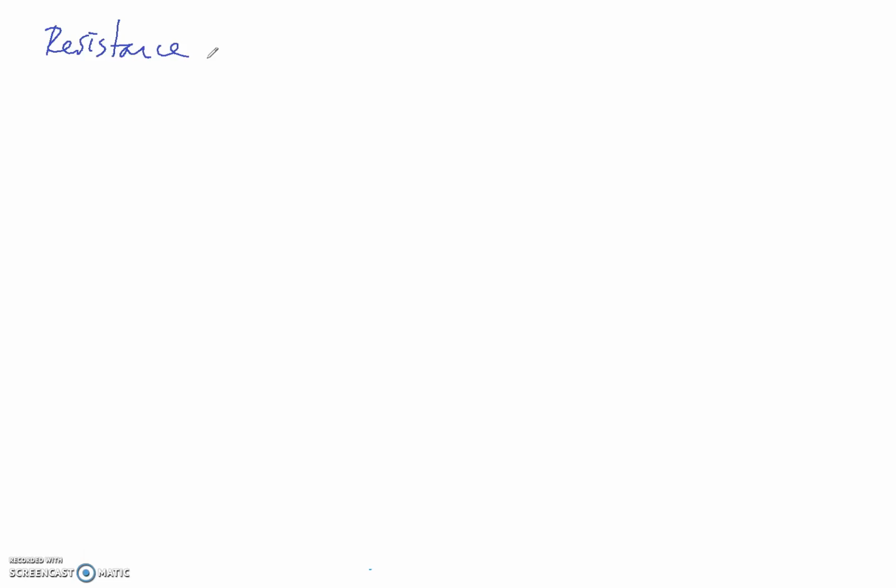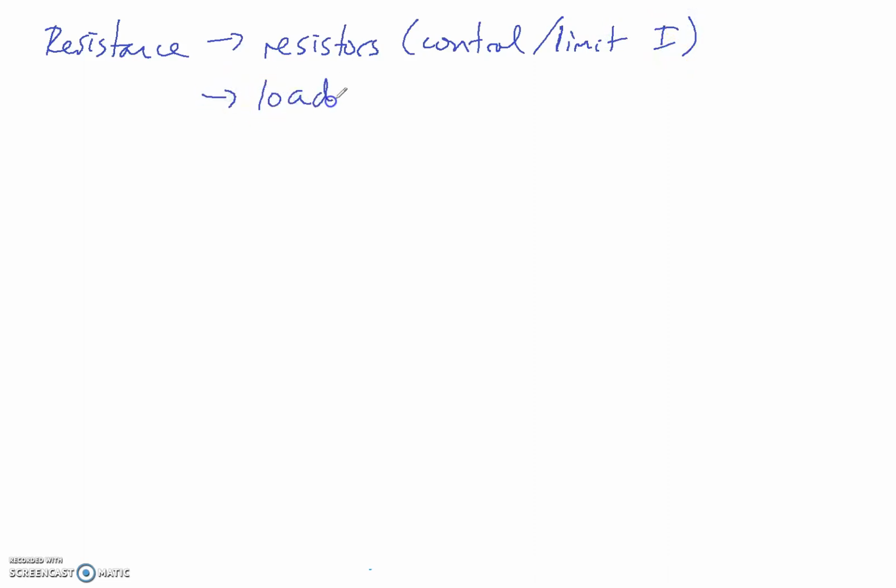Now, when some people think about resistance, they often just think about actual resistors themselves, which are used to control flow and stuff. These guys often control, or they'll limit the current. There's also what are called loads, and loads are a little bit different.